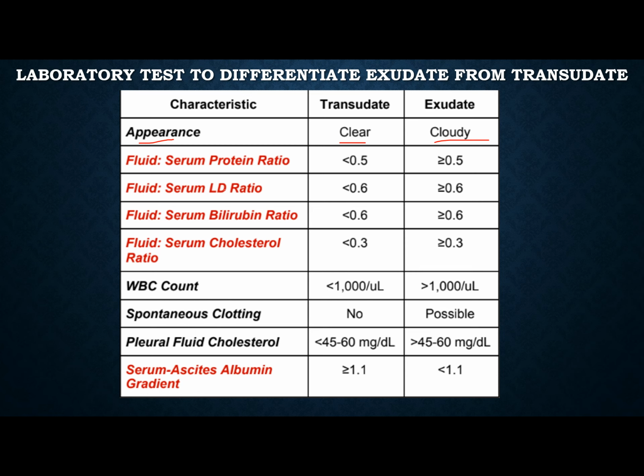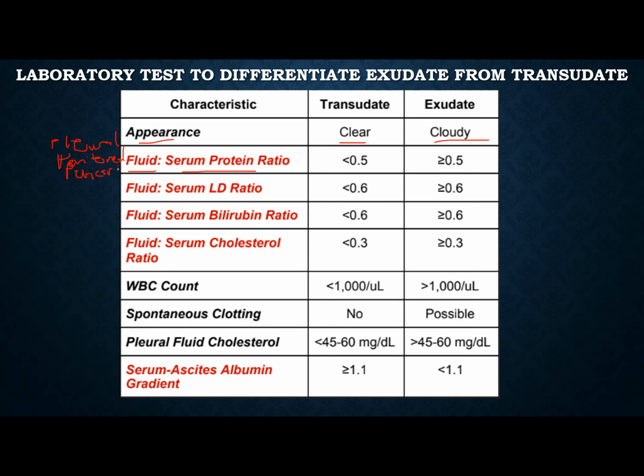Now, in any body fluid class, there would be different substances. There would be proteins, there would be enzymes, and so on. Now, for you to differentiate if it's a transudate, you would have to check the fluid to serum ratio. When I say fluid to serum ratio, it could be your pleural fluid to serum protein ratio, or your peritoneal or your pericardial.